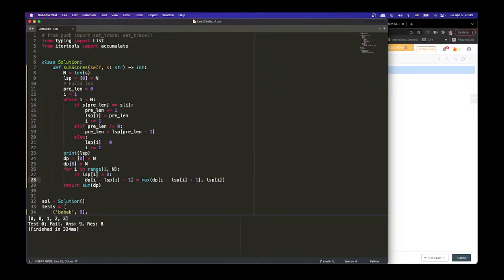Because remember, now what we're calculating is the total number of prefix that's matching.